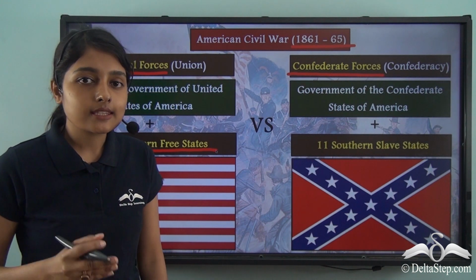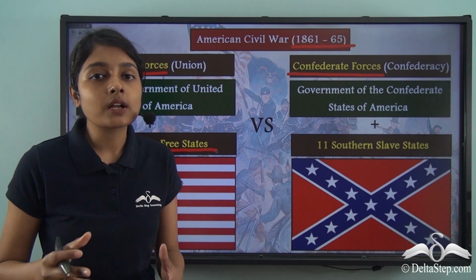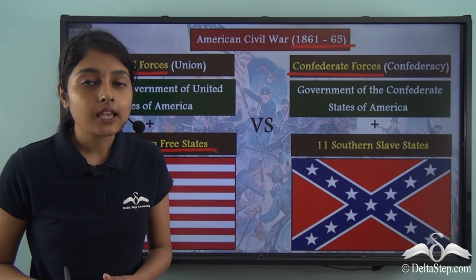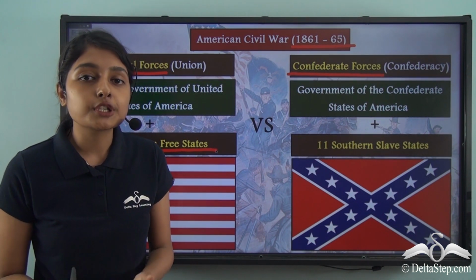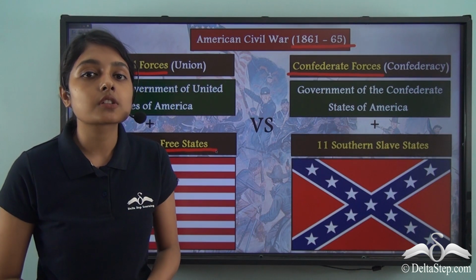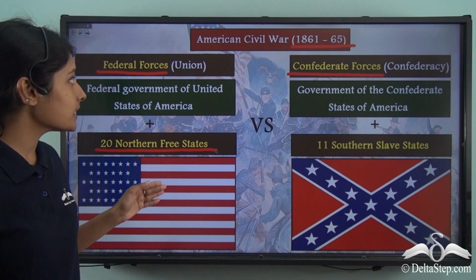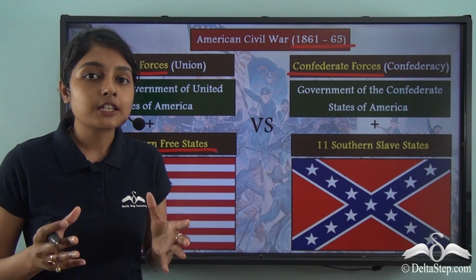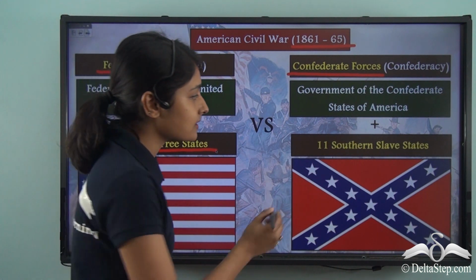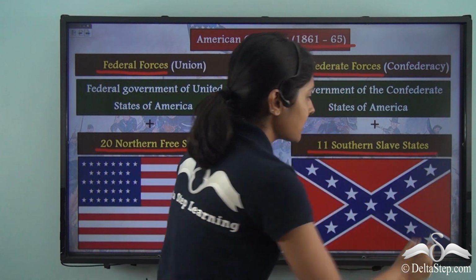These 20 northern states wanted the country to be united. They did not want the country to be divided on the grounds of slavery and various other reasons, which is why they joined hands with the Federal forces, and together they now fought against the 11 southern slave states.